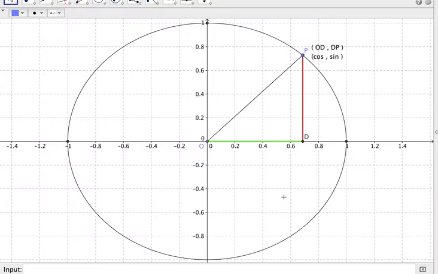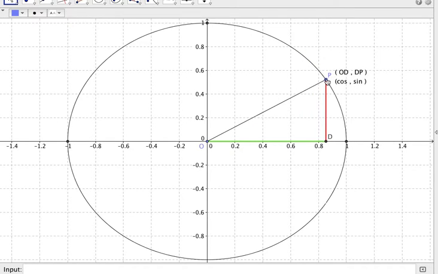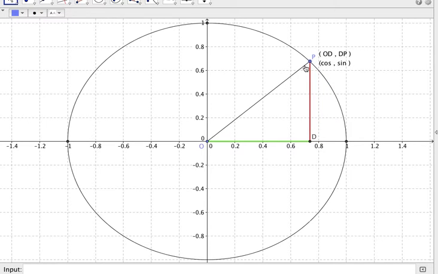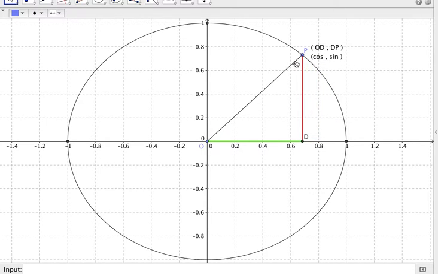On the unit circle, cosine is equal to the x position, sine is equal to the y position. So the problem said if our y position is about 2/3, so that's right around here, what will our cosine value be?